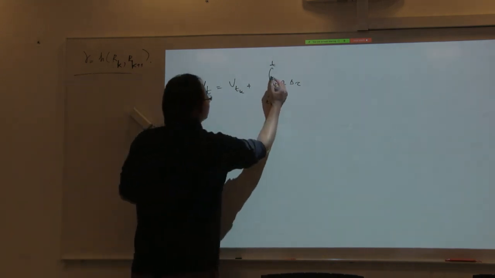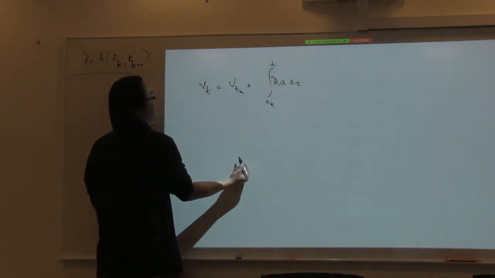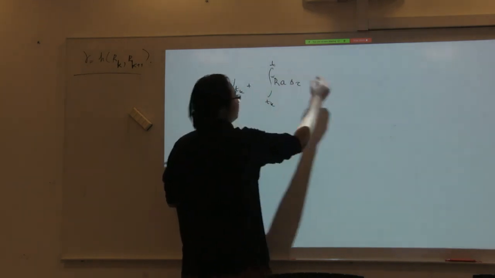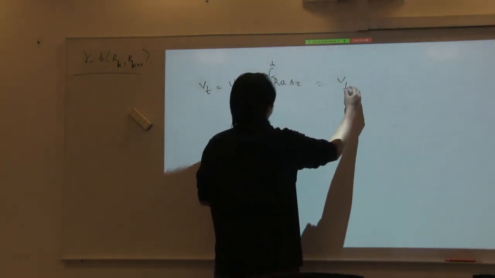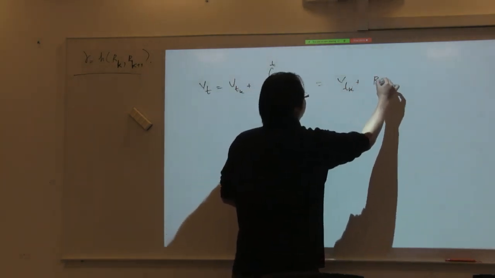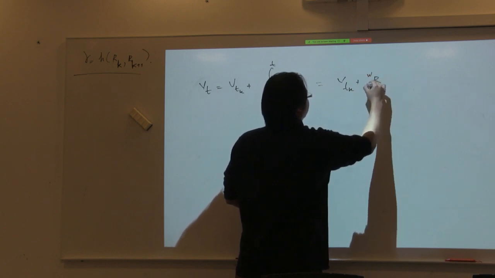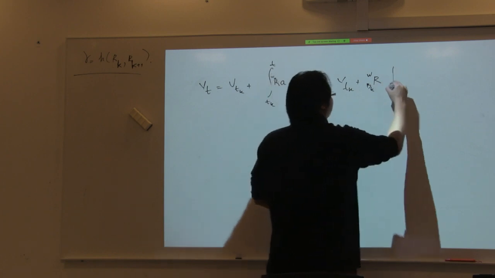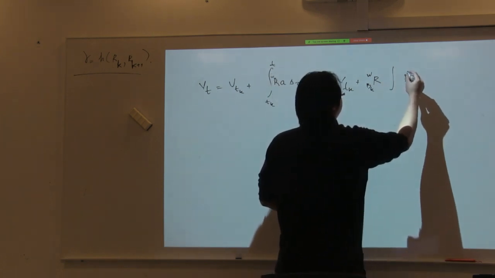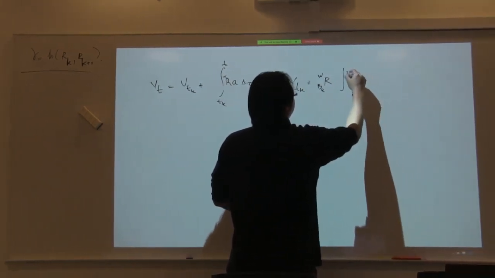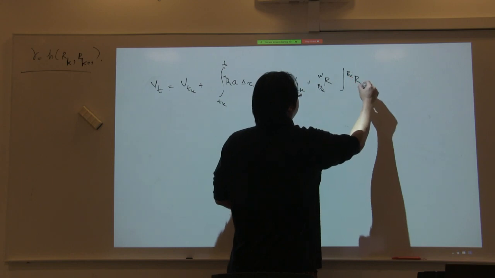Because this is the world frame, we try to do the same thing: v tk plus R world frame times the acceleration, integrated over tau.